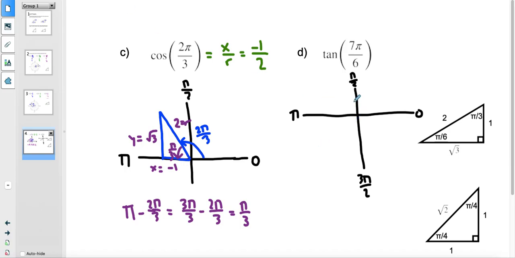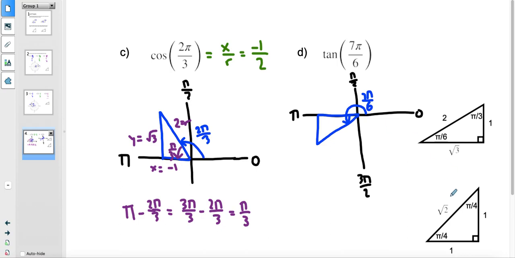Okay, let me draw a better line there. Okay, so there's my angle, 7 pi over 6. Now, I'm going to draw my triangle from the x-axis like that.